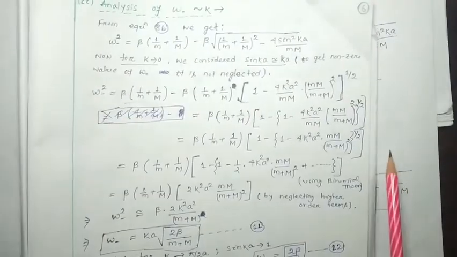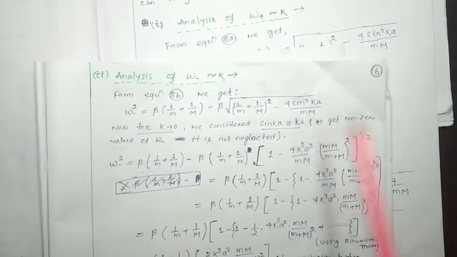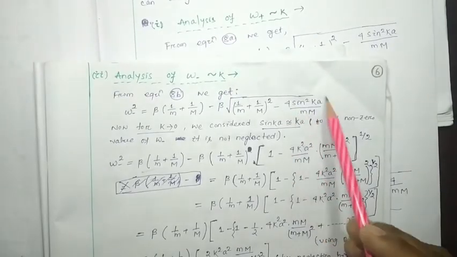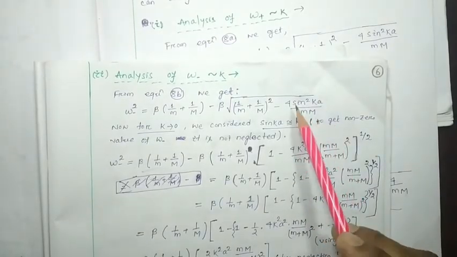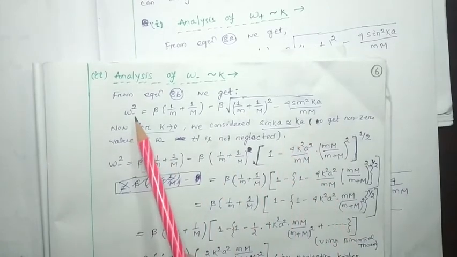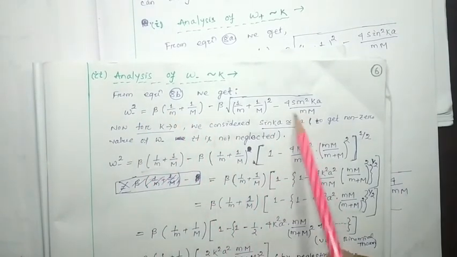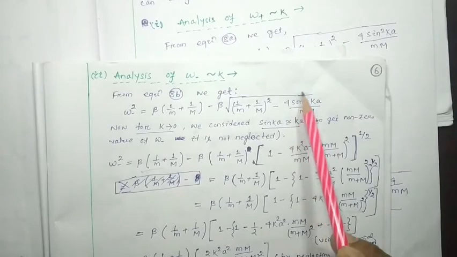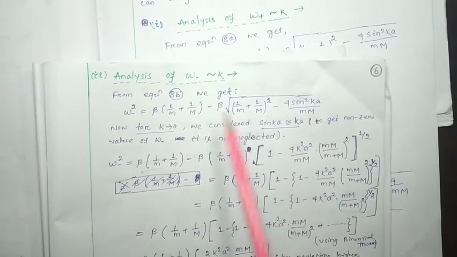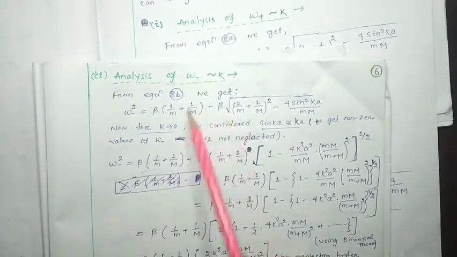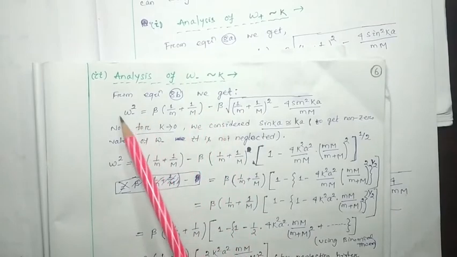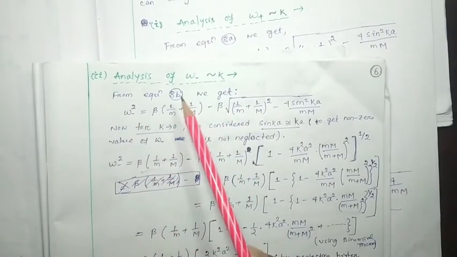Now if we consider this value to be 0, then omega minus will be 0. See, this value we have taken 0, and this value, both are the same, both can be cancelled out, and we get omega minus equal to 0.